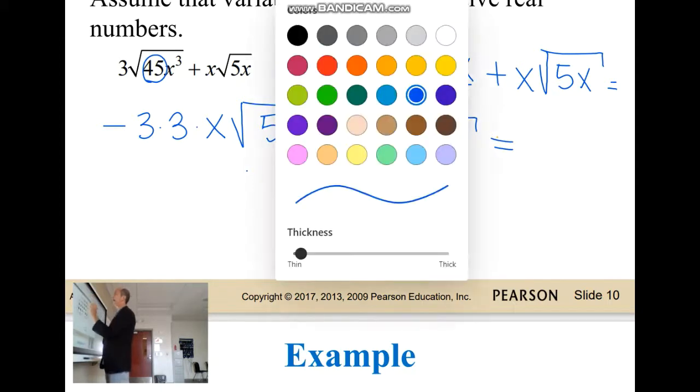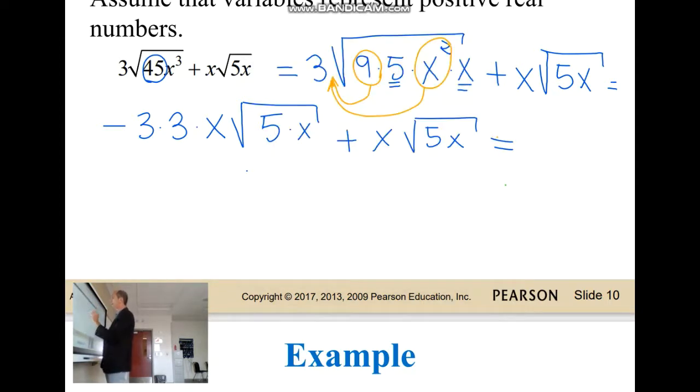Great, and now we have like radicals. Check it out here. This radical has the same index, the same radicand, as this one, right? The same index, same radicand. We can combine like radicals by adding the coefficients. This is equal, right.